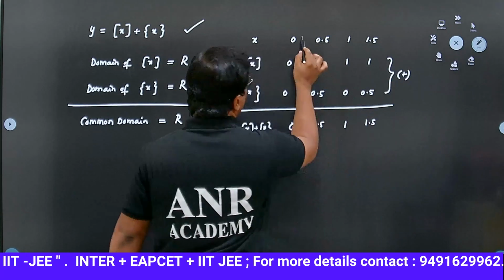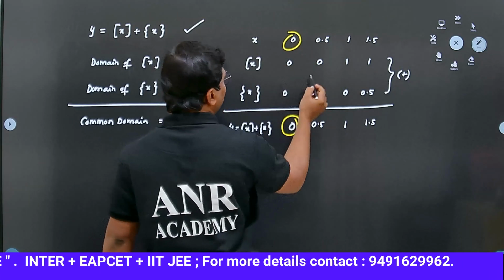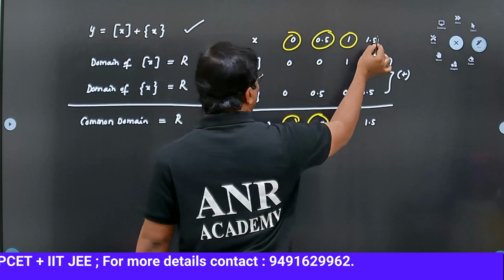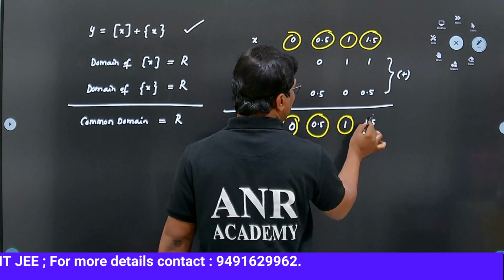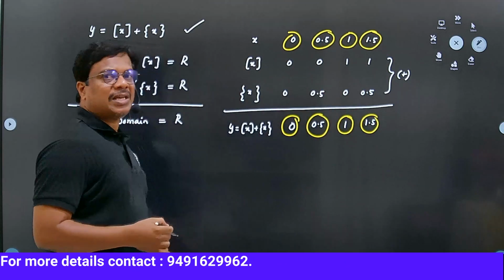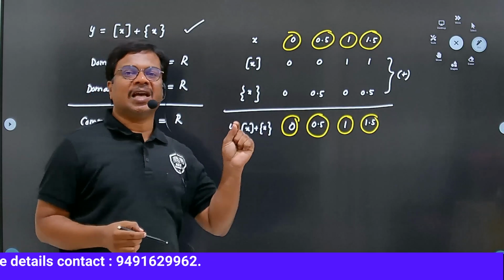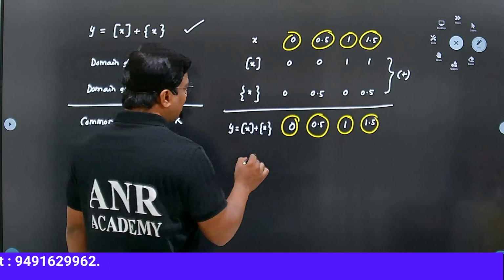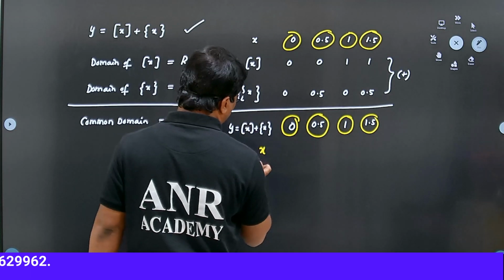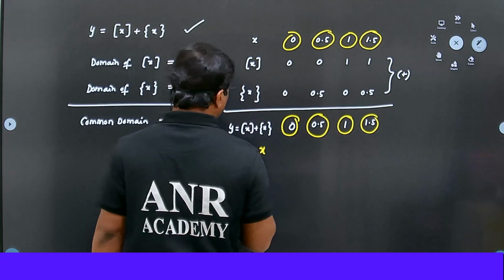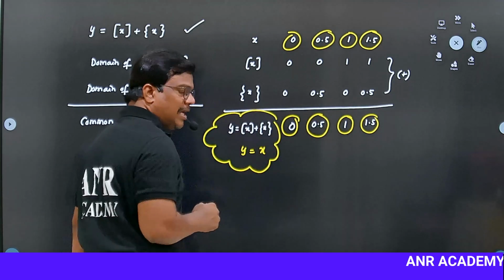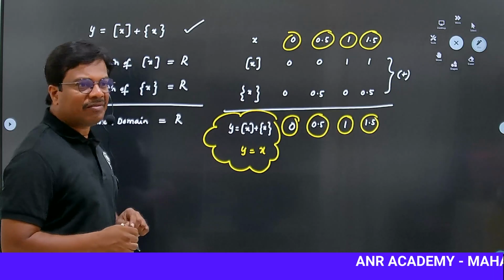If the input is 0, then the output is the same 0. If input 0.5, output the same 0.5. If input 1 or 1.5, output is also the same, 1 and 1.5. So the values of x as well as y, input and output, are both the same, so x equal to y, or y equal to x. So the combination of the given two functions clearly indicates the graph of y equal to x.